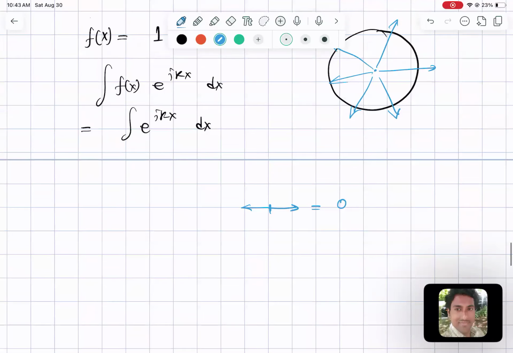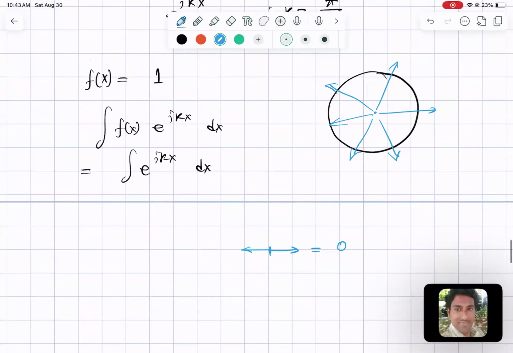And if it's in a 2D system, we add up all these vectors pointing outward from the center, we get 0, except at the center of the circle, right? When we sum it up. So that's our F of k. We get 0 except for the center. So that's basically what gives you the delta function, right?